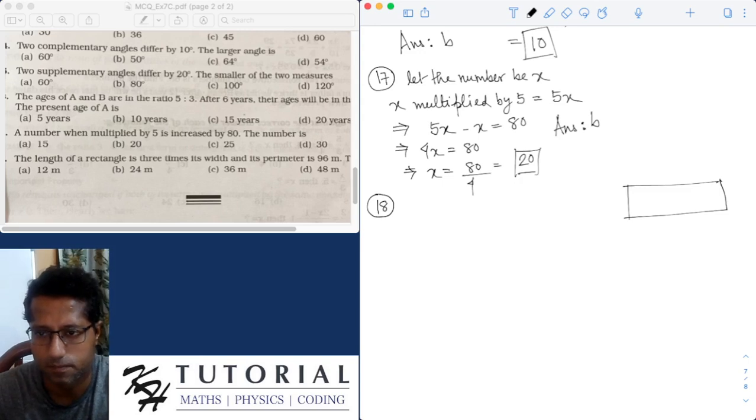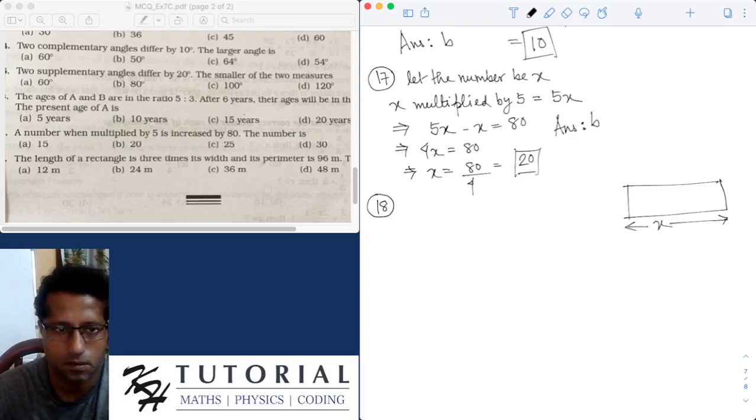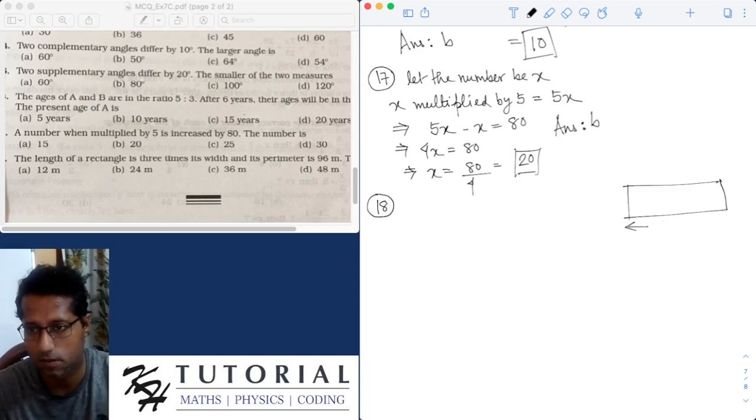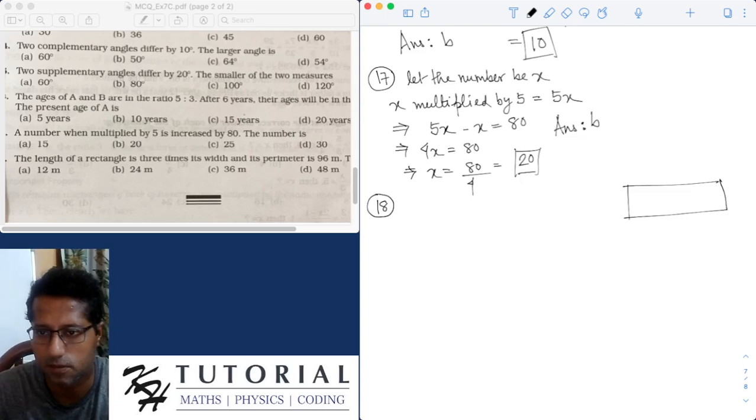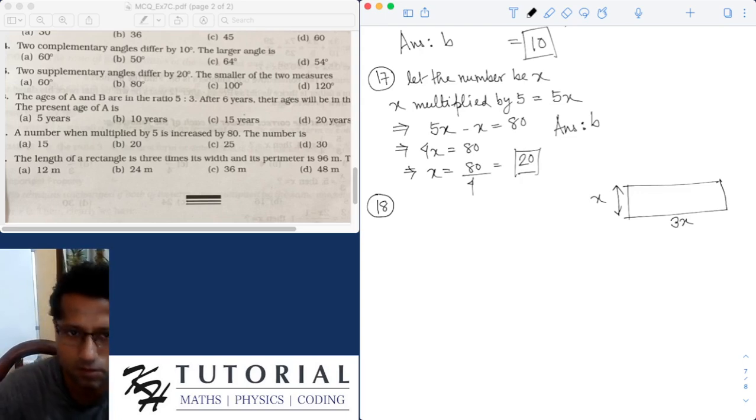If we consider the length to be x... No, it's better to consider the width to be x. Let this be x. So the length will be 3x, since the length of the rectangle is 3 times its width.